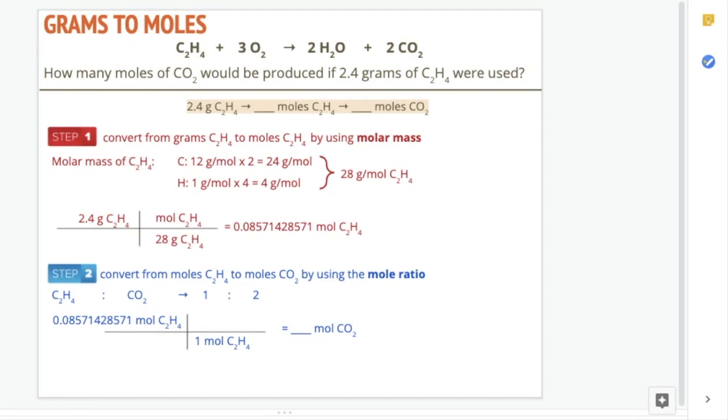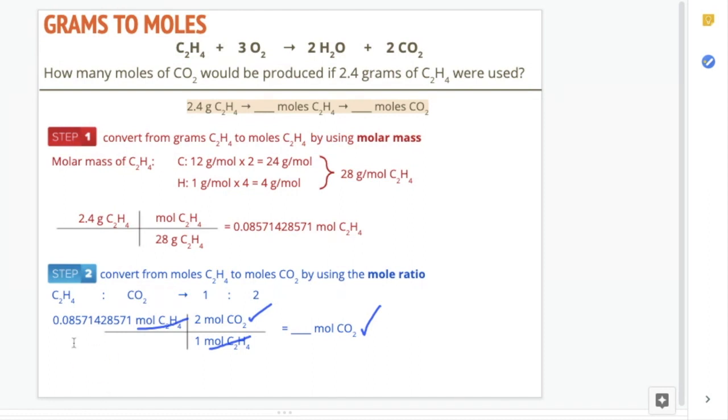Right, so I'm going to put my moles of C2H4, which is 1, which I got from the ratio, to 2 moles of carbon dioxide, which will allow me to cancel out my units and get my final answer. So let's cancel these out to make sure. Perfect, we have mole CO2, mole CO2. We're on the right track.